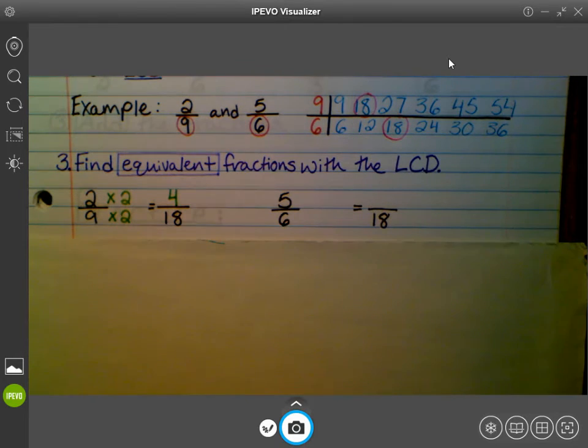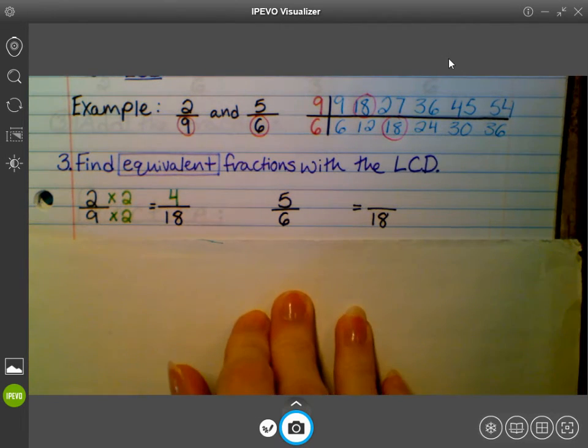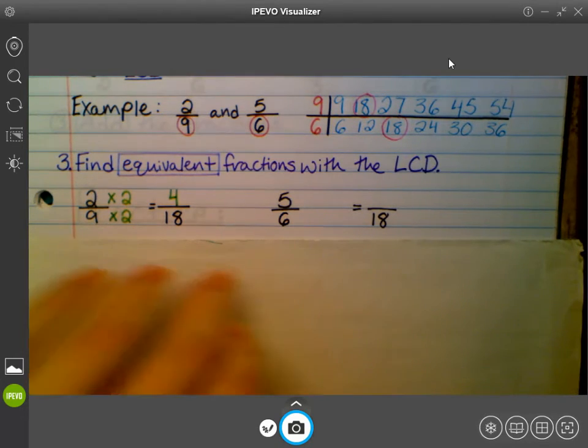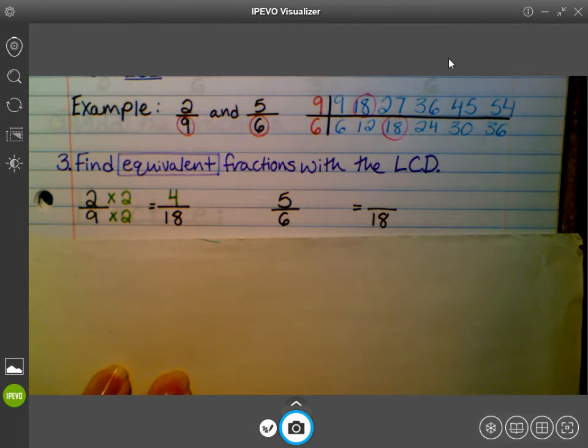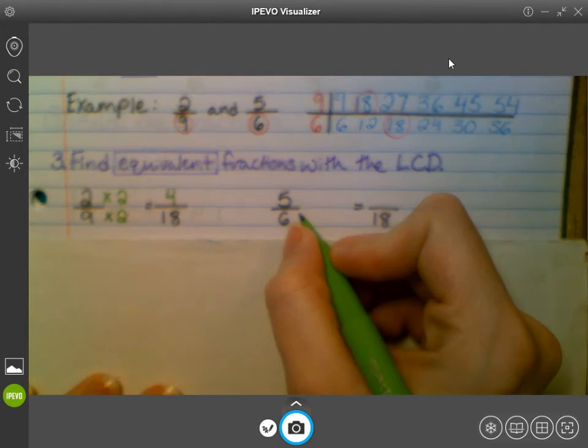Perfect. Okay. Now, fifth grade. On the count of three, I would like you to show me on your hand 6 times what equals 18. 1, 2, 3. Yes. 6 times 3 equals 18.